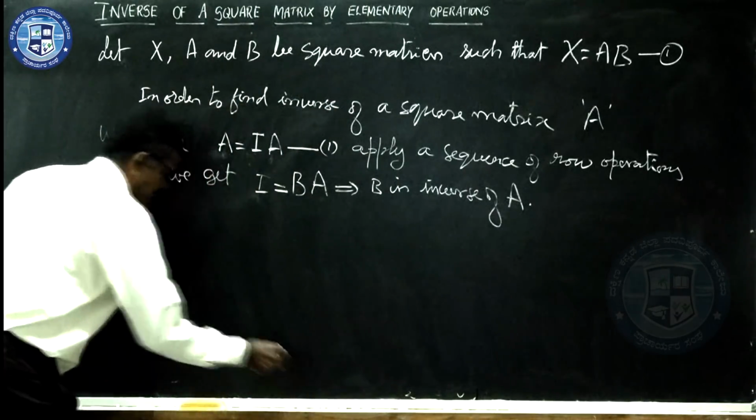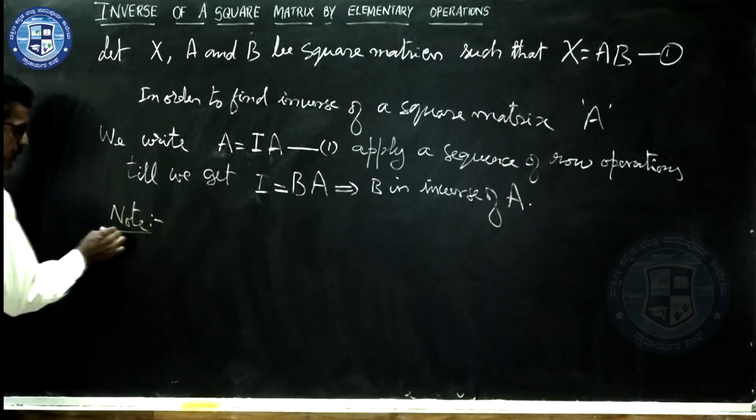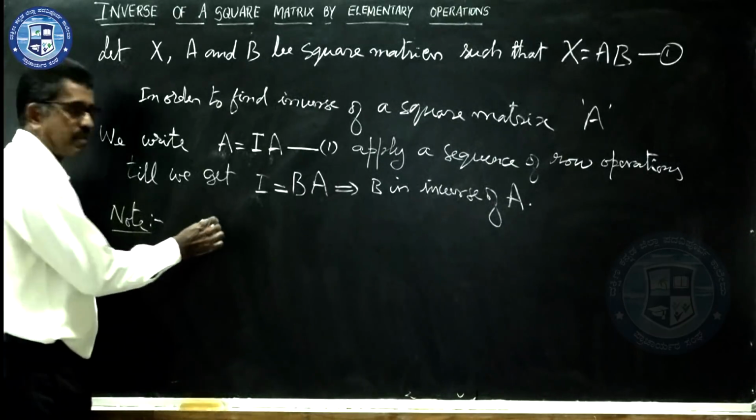I told you a little earlier that only when the inverse exists do we go with this procedure. But if the inverse does not exist, what will be the case?